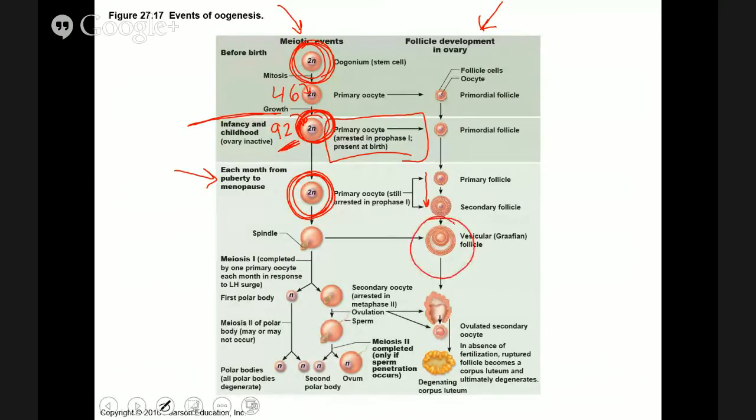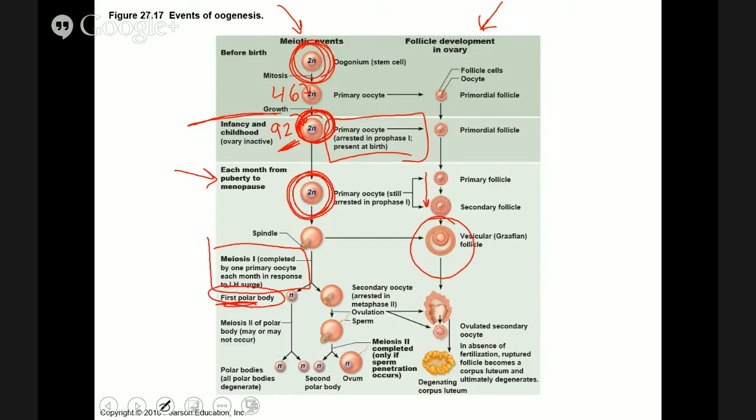Now, what's going to happen here is that we're going to have a surge in what we call luteinizing hormone. And when that happens, we're going to discard what we call the first polar body.